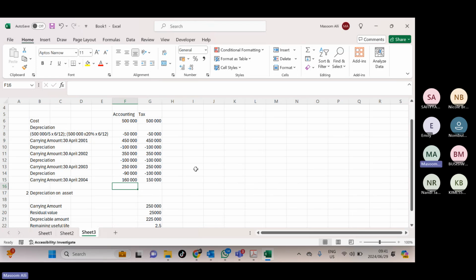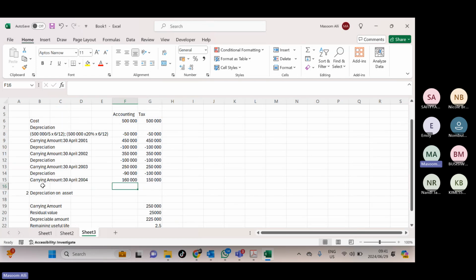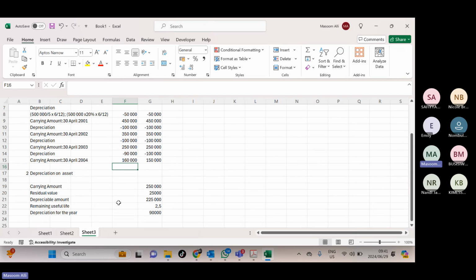Right, so that's the calculation for the change in accounting estimate done, right? We will still do the disclosure part, but we're not yet at that point, but that's basically it, right? And there's our corresponding calculation. So you've gotten marks for all of this, transferring that there, doing all of these calculations as well, because this wasn't given to you. You had to calculate it. Now we've got our carrying amount, we've got our tax base. Our temporary difference is going to be this minus that, which is 10,000 Rand.